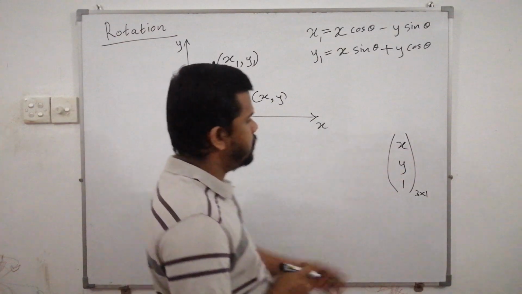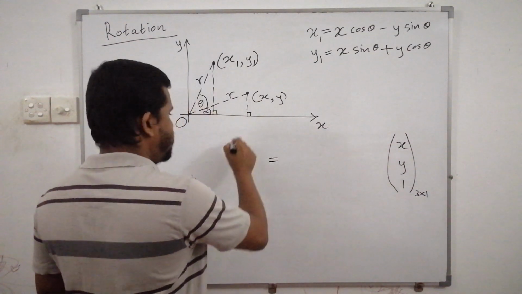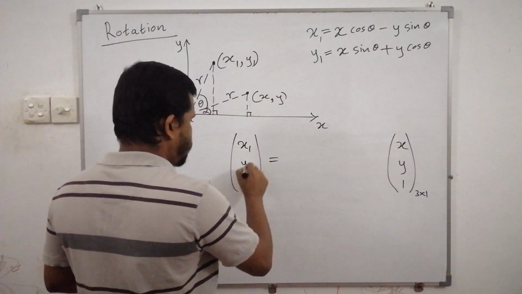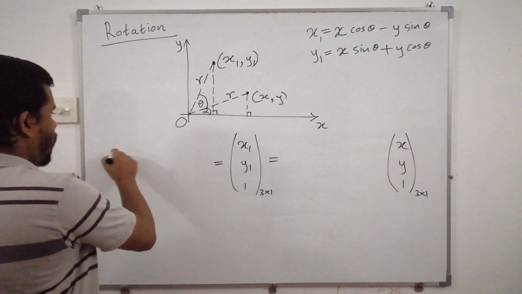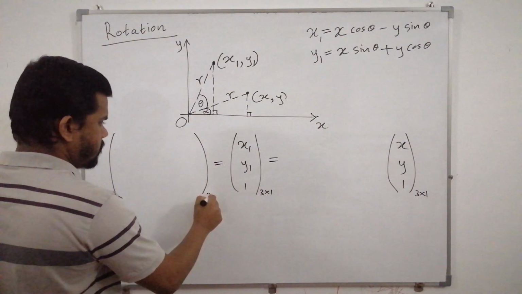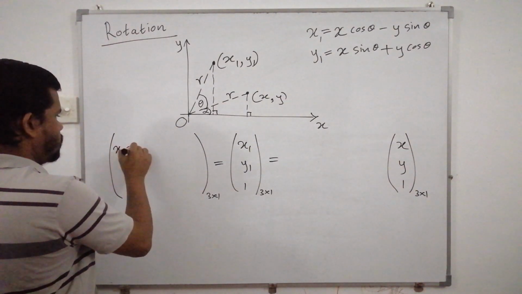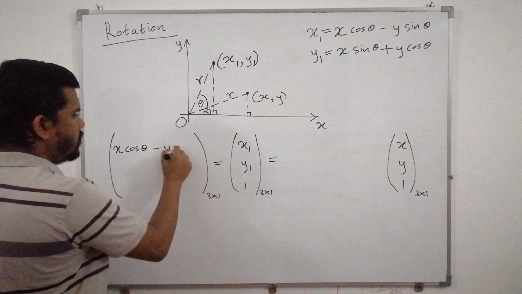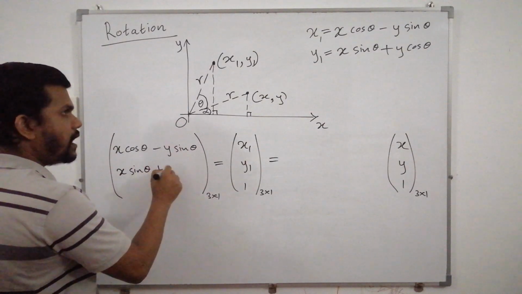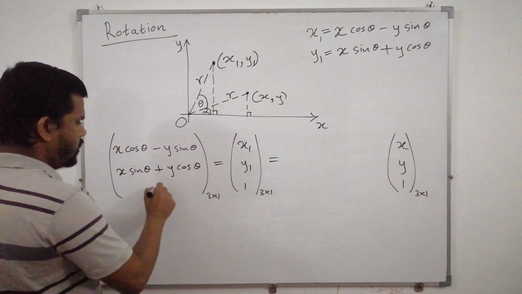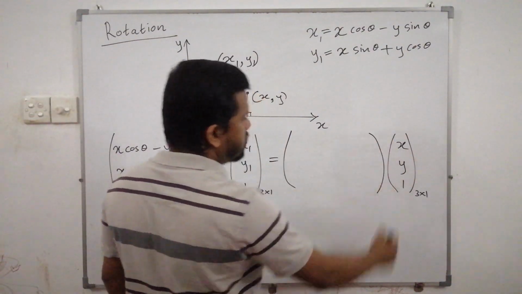Therefore here also we use a 3 cross 1 matrix. Now here we have x1, y1, 1, another 3 cross 1 matrix: x cos theta minus y sin theta, x sin theta plus y cos theta, and 1. Now we have to find the matrix.